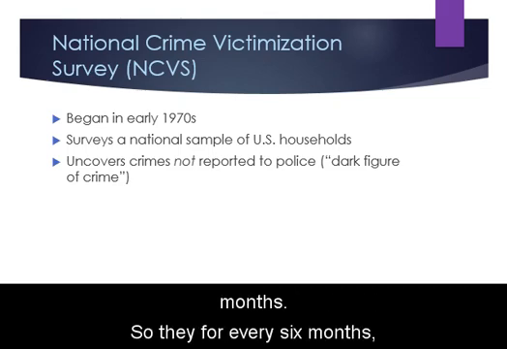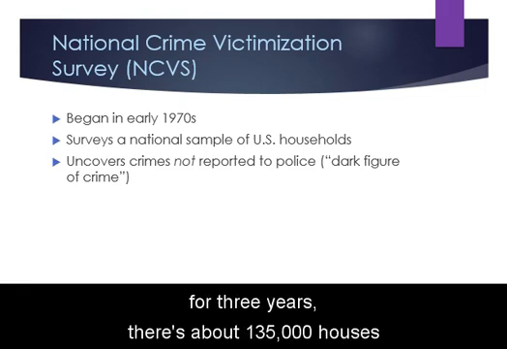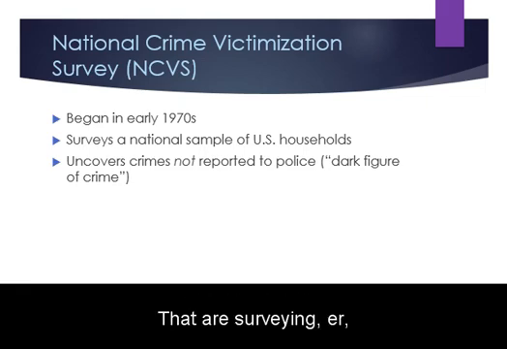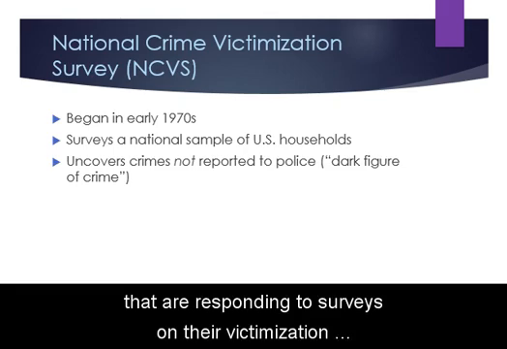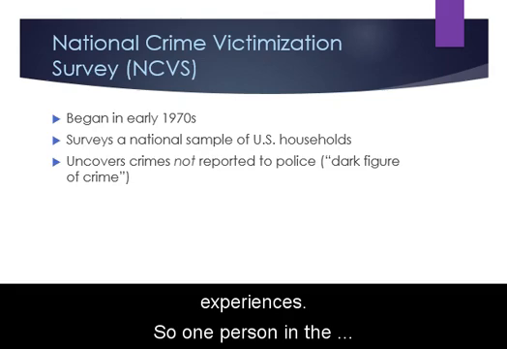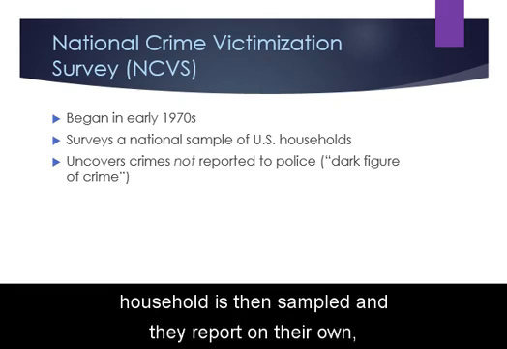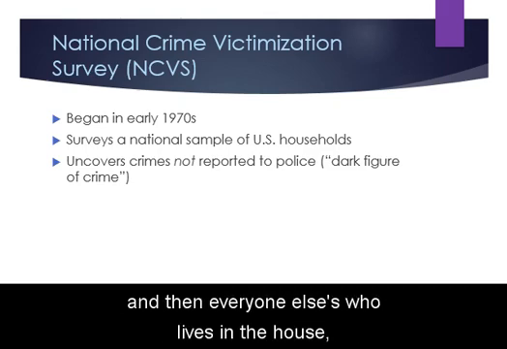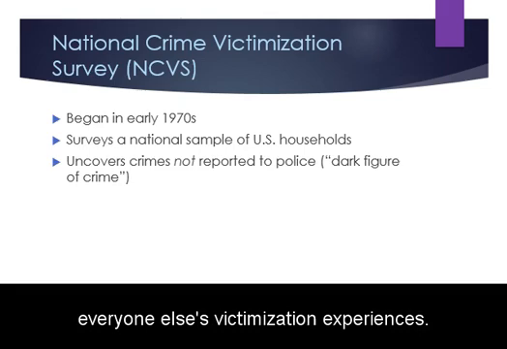So for every 6 months for 3 years, about 135,000 houses are responding to surveys on their victimization experiences. One person in the household is sampled, and they report on their own and everyone else's who lives in the house, everyone else's victimization experiences.